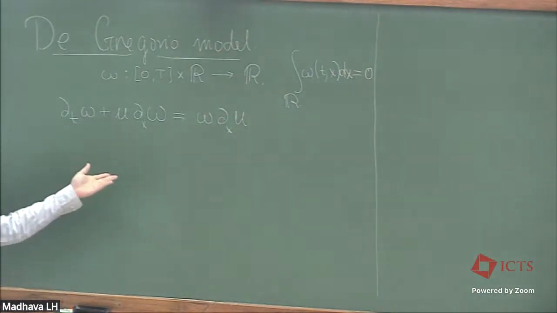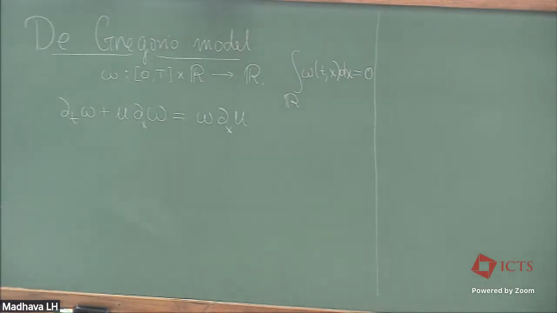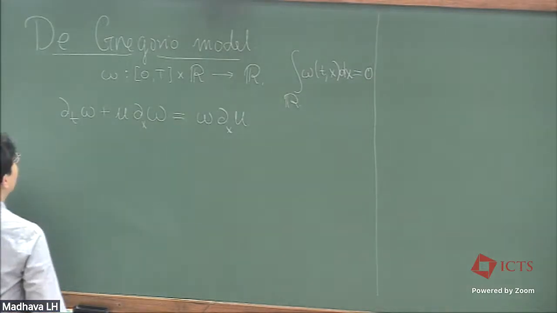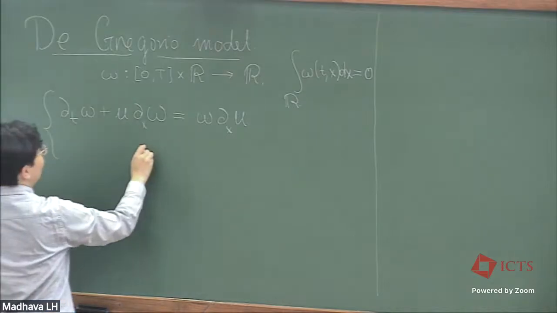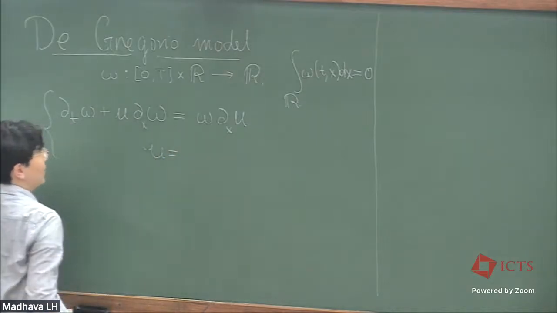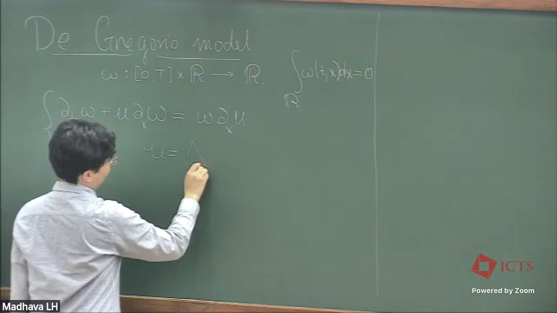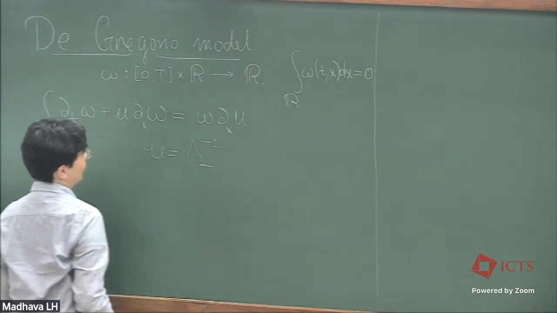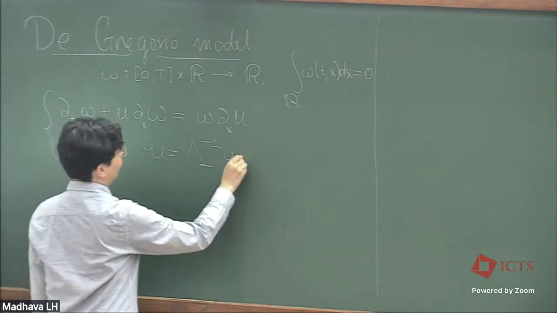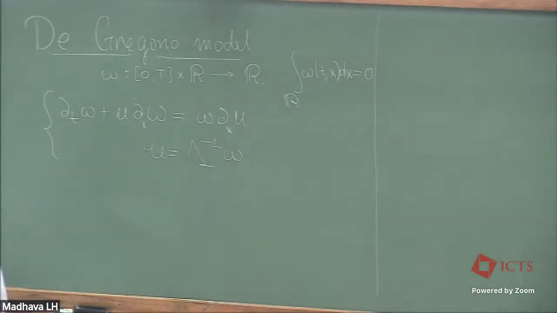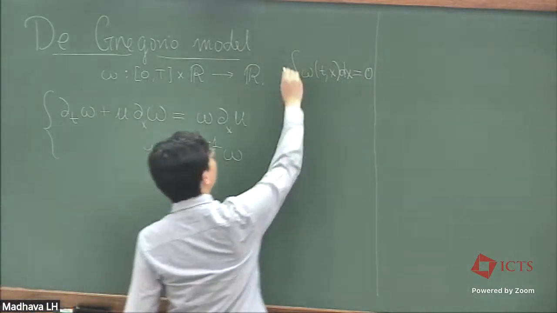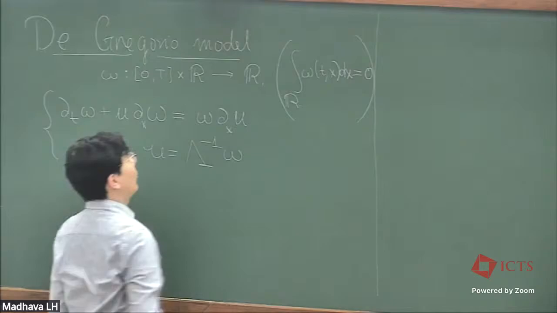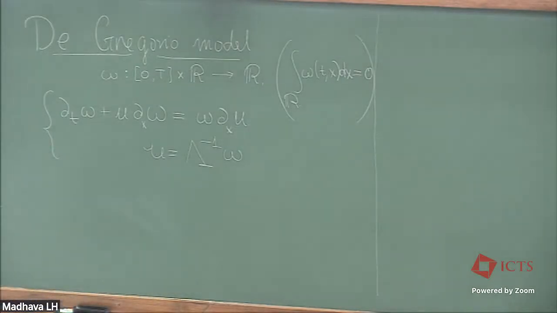So this looks like the vorticity equation in 3D. And u, by definition, is given by the Zygmund inverse operator applied to omega. And you can forget about this for now. I will need that assumption later.